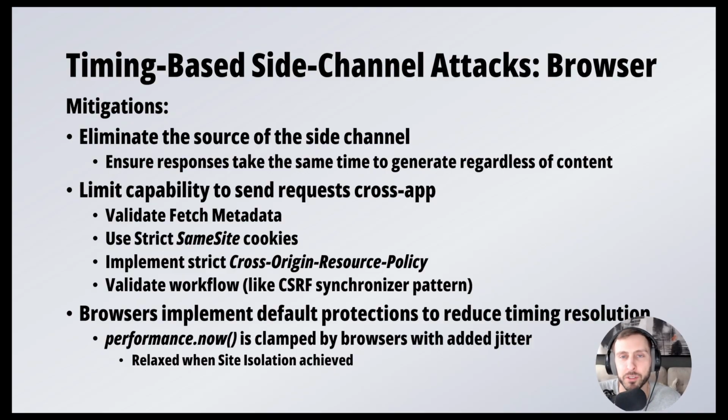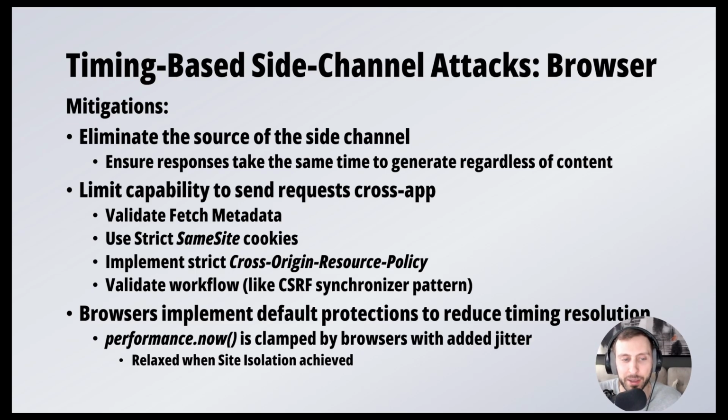That said, we can also use a lot of the mitigations that we have looked at throughout the series, like validation of the fetch metadata, restricting cookies with the same site attribute, implementing a cross-origin resource policy, using CSRF like tokens, which I guess we haven't talked about CSRF yet, but we will inevitably.